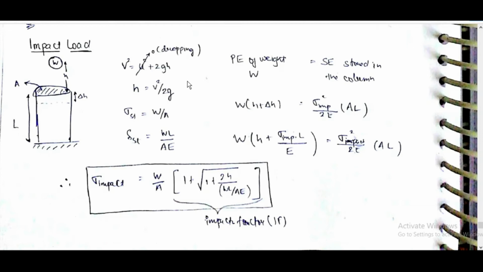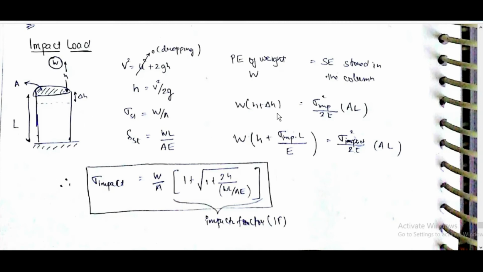H is equal to V square by 2G. Sigma static is equal to WL by A. Delta static is equal to WL by AE. That means the load is applied gradually, but here it has been dropped. Potential energy of weight W is equal to strain energy in the column, because only potential energy is decreased and strain energy is gained by this rod.